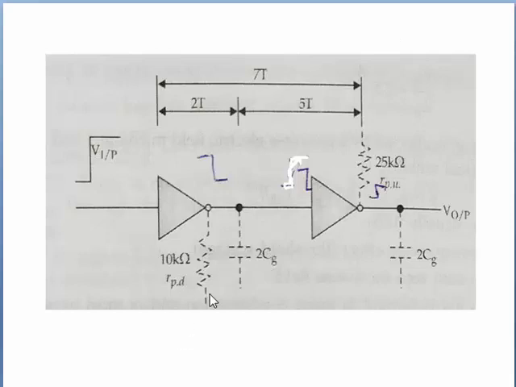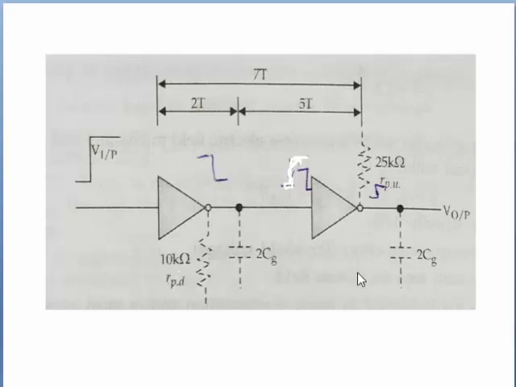Also the value of resistance is different for the two CMOS inverters. The asymmetry of resistance value can be neglected by increasing the width of the PMOS channel by a factor of 2 or 3. This inverter acts as a pull-up and this one is a pull-down network or pull-down transistor.